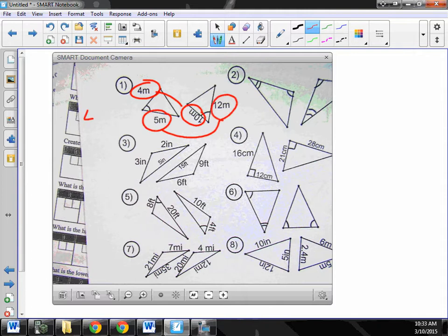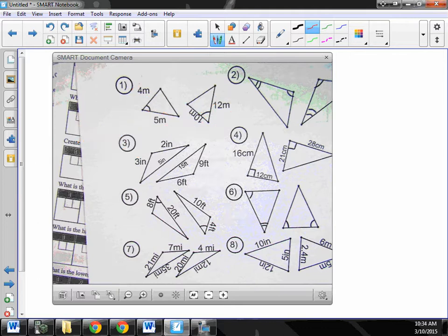So is 4 over 10 equal to 5 over 12? This one is 2/5, and this one does not simplify, 5/12. So just because you know two sides and the angle between them, that's not enough. You need side, angle, side, and you need to test the fractions and see if they work. So number 1 is a no.